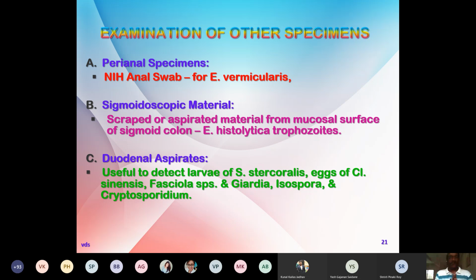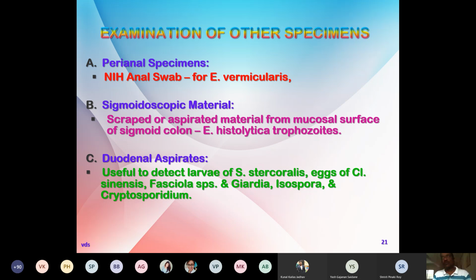Then examination of other specimens. Perianal specimen, as we have discussed in the previous topic, NIH anal swab for Enterobius vermicularis. Sigmoidoscopic material, scraping or aspirated material from the mucous surface of the sigmoid colon, particularly in acute cases of Entamoeba histolytica, where trophozoites are usually seen.